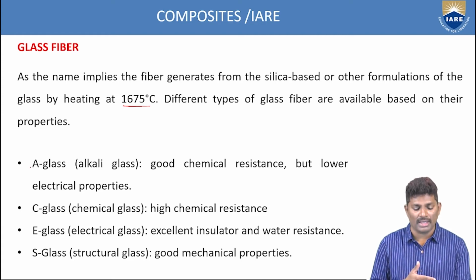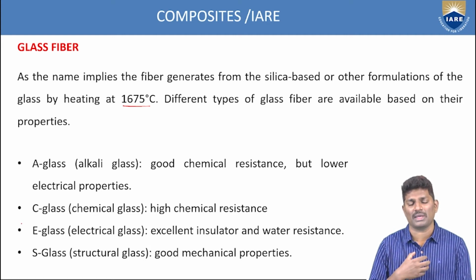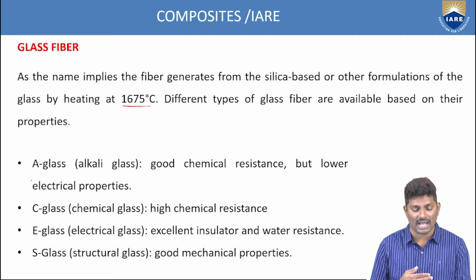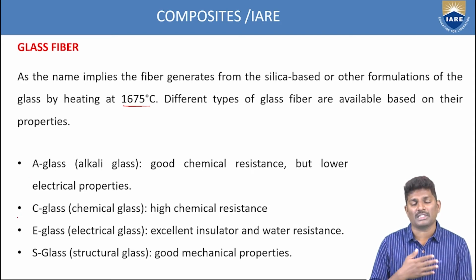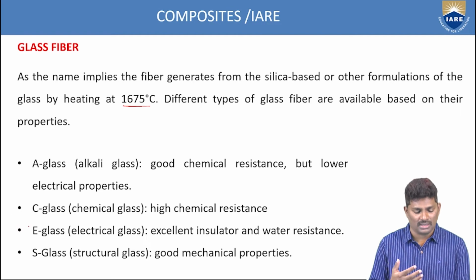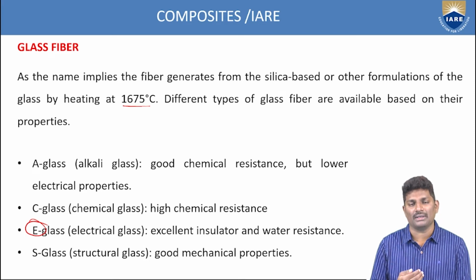We can select either A or C, because they are very resistant to chemical reaction. But if any material is exposed to electrical conditions, then you have to select E type glass. Before selecting any material, we have to know the properties of each individual material.